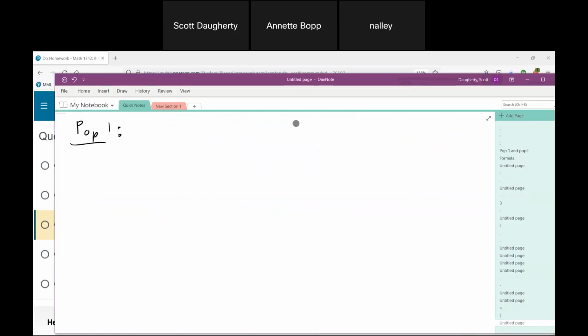So you got two populations, men and women. Actually, the number of words spoken by men, but you get the idea.